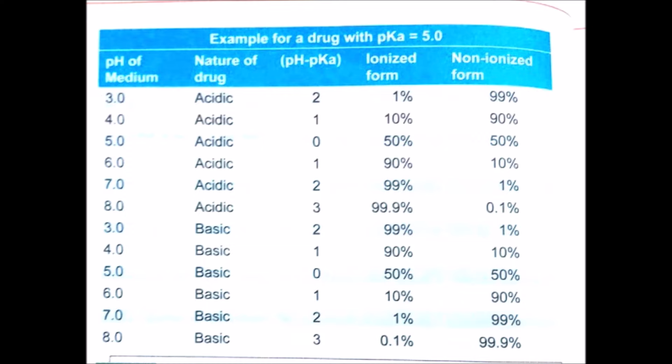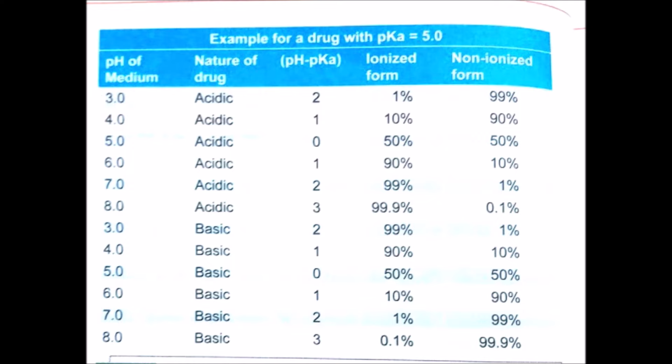So here we can see that 1% is 10 times smaller than 10% and 0.1% is 10 times smaller than 1%. That's why we say that there is 10 times or tenfold change in the ionization.